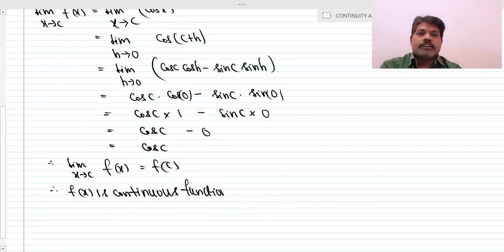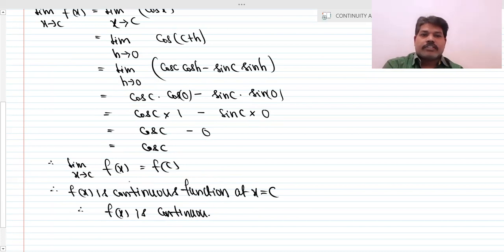f of x is a continuous function at x is equal to c. So therefore f of x is continuous. These are not the f of x, actually we are taking it as g of x.